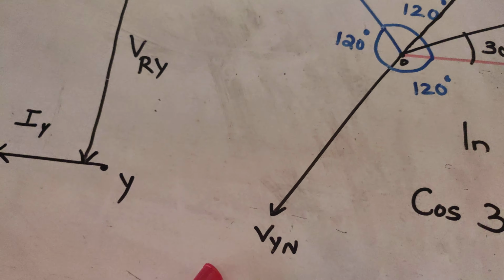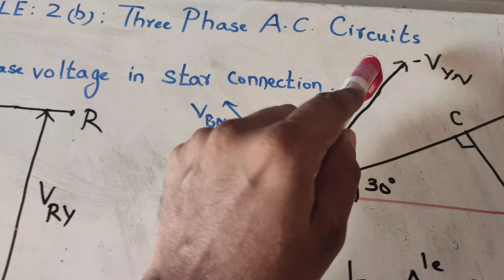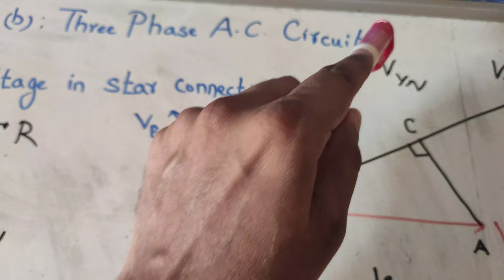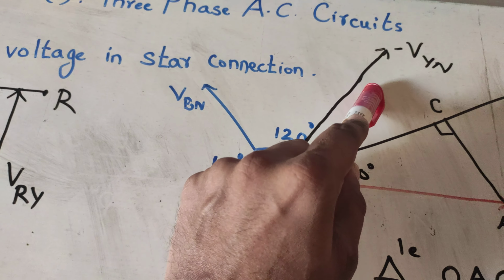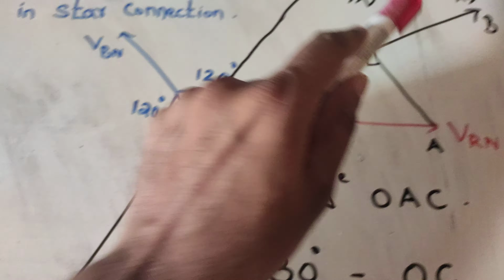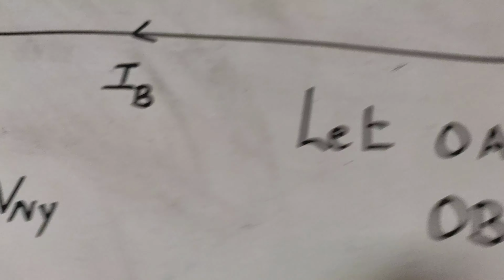So, if plus VYN is drawn in this axis, the opposite axis will be minus VYN. So from VYN, I draw in the opposite side minus VYN. In between VRN and minus VYN, I have to draw VRY because we know VRY is equal to VRN minus VYN.